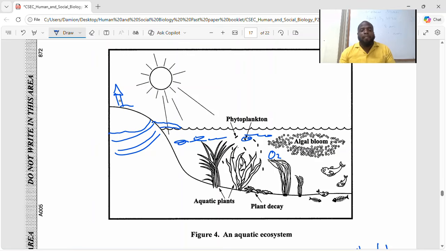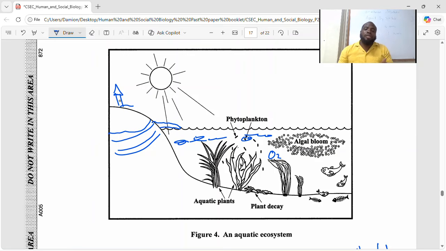So remember, it is really caused by the increase in nutrients within the pond, preferably phosphate and nitrates coming from a farm fertilizer. The fertilizer caused an explosion in the algal bloom. They block the sunlight. Plants cannot photosynthesize to produce oxygen. There's lack of oxygen.